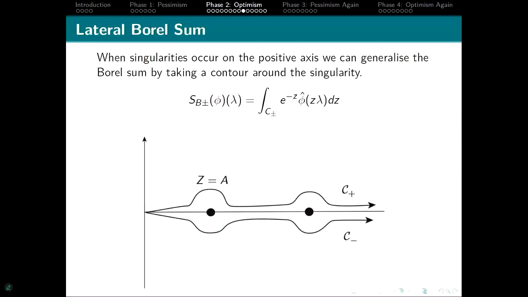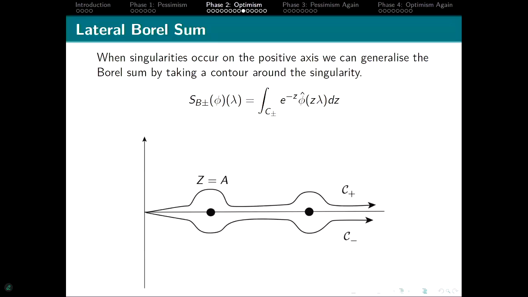You can consider further generalizations of the Borel resummation approach, where we consider deviating this Laplace integral around the singularities that might appear in your Borel transform. But crucially, when you do this, you're going to pick up a kind of ambiguity, depending on whether you go above or below the singularity.